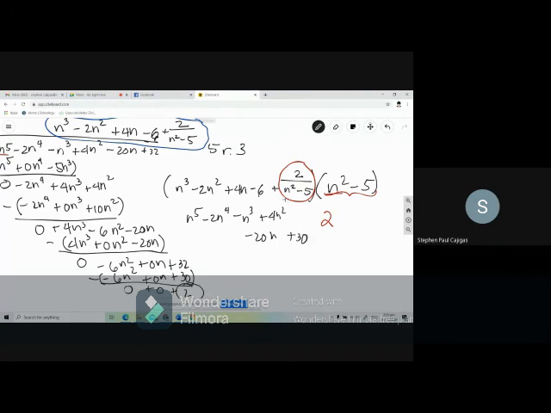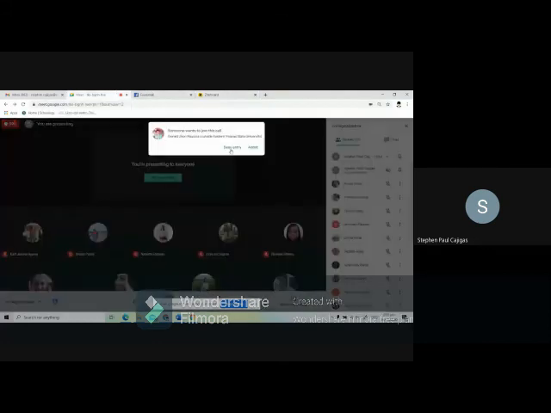We want it to be plus 32, but this is what we get from the multiplication. To make it 32, you need to multiply the remainder fraction by n squared minus 5, and then you will get the original dividend, n to the power 5 minus 2n to the power 4 minus n cubed plus 4n squared minus 20n plus 32.